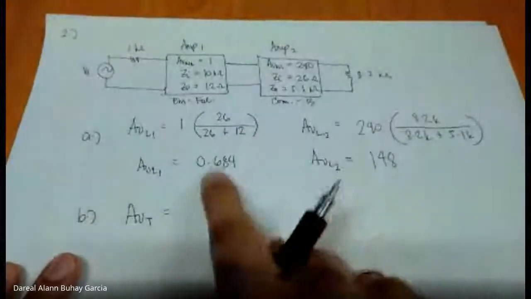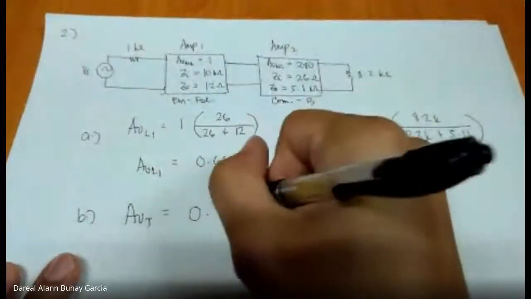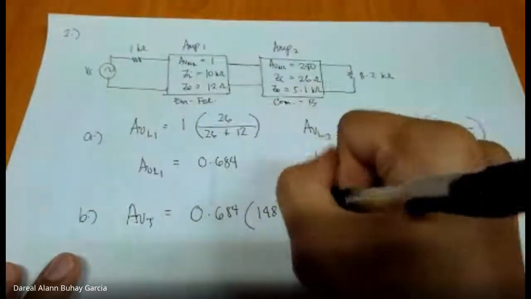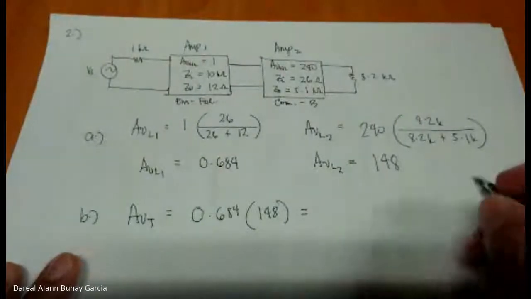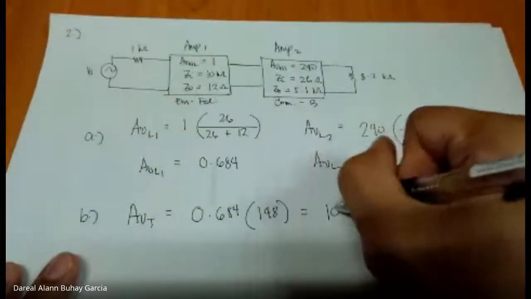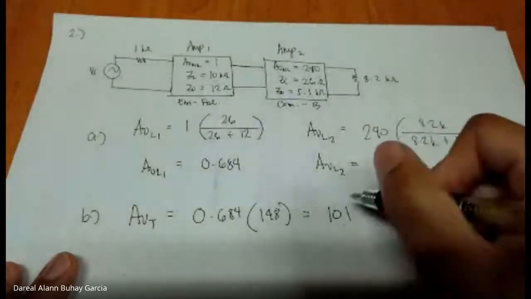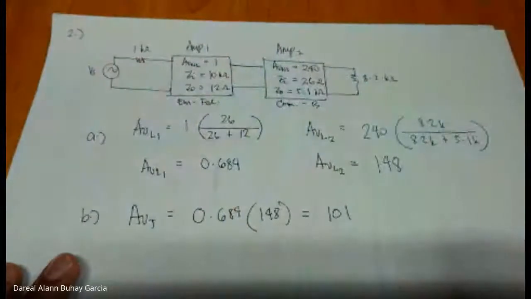So the total voltage gain is just the product of these two: 0.684 times 148, which is about 101. So that is our total loaded gain of the amplifier.